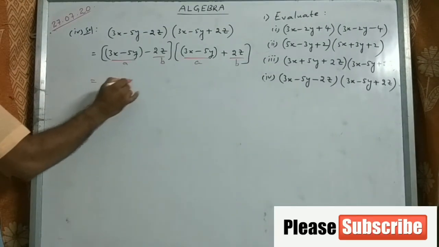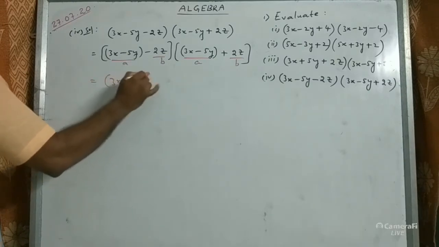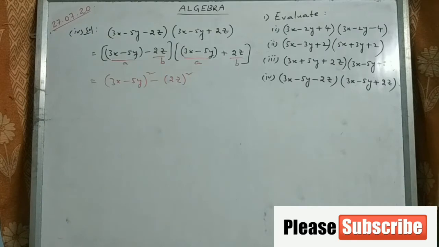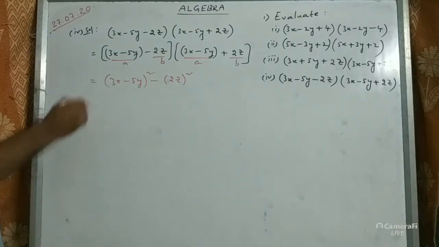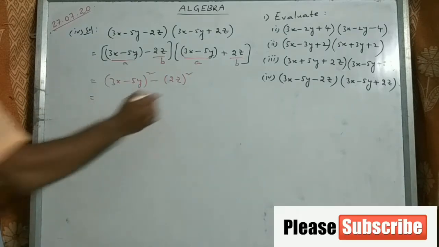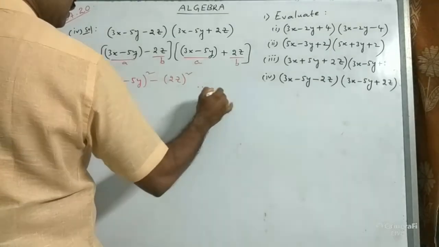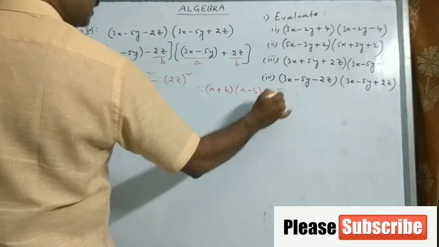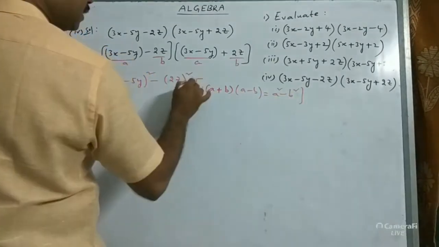So I can write a square minus b square. Since a plus b into a minus b equal to a square minus b square.